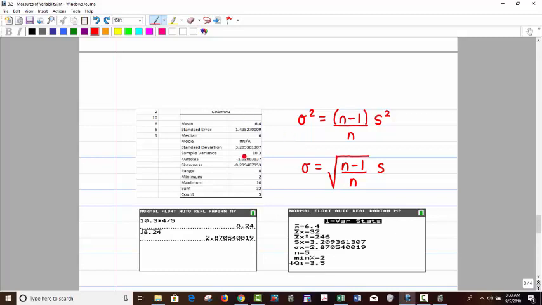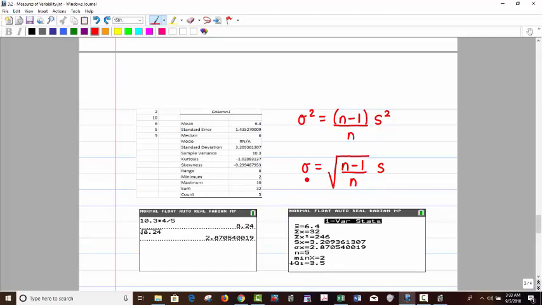But let's just say you had this output and you wanted to convert it just from the output. To get the population variance, you take this sample variance number, 10.3, and multiply it. There's 5 numbers, so it would be 5 minus 1 makes it 4 over 5, which is what I did right here, and that's the 8.24 that we got earlier. So that does match.